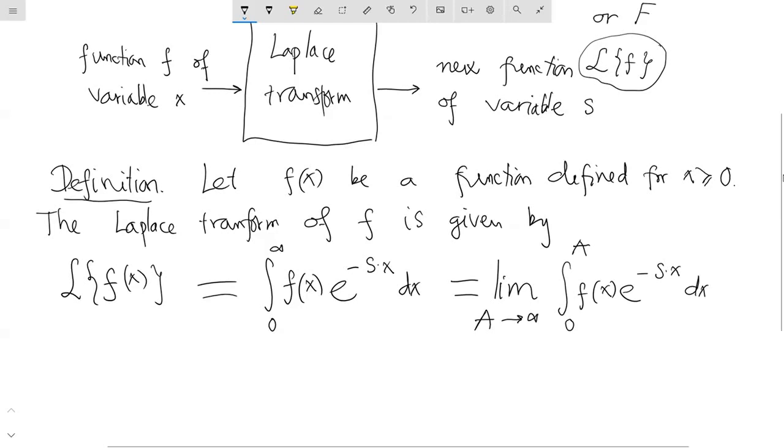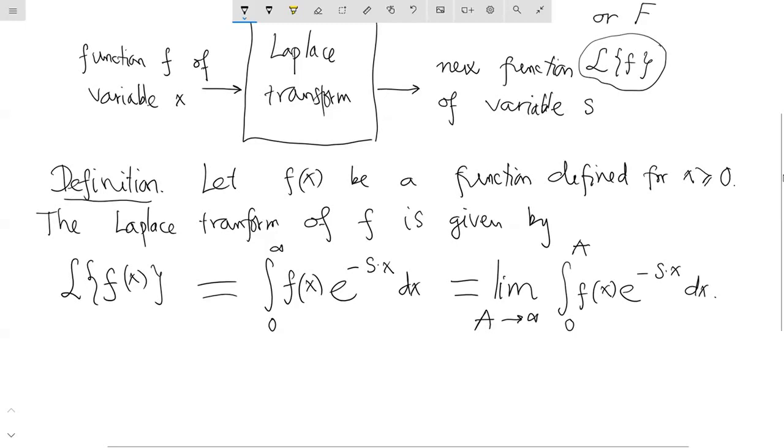The integral from 0 to A can be computed exactly the same way as you would do in calculus 1 or calculus 2, and we may need to use certain methods of integration like substitution, integration by parts, etc. Note that in the integration we integrate with respect to x, and s is the parameter. s is the new variable that we will have at the end. That's the variable for the Laplace transform.